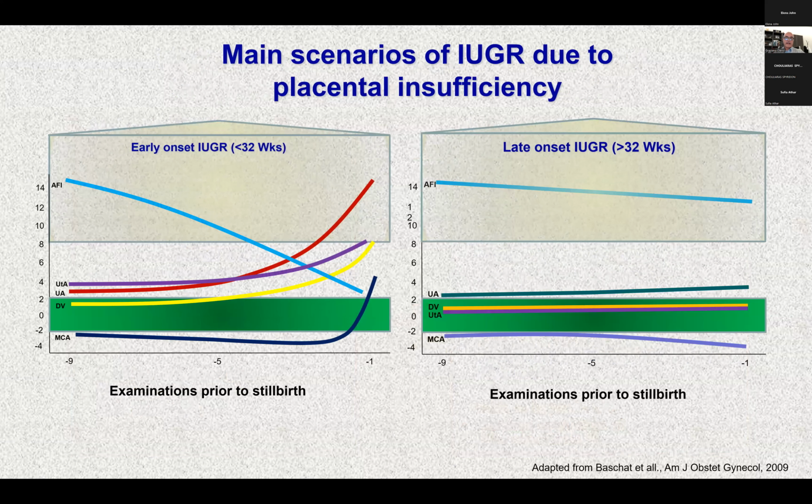So here are the differences in the hemodynamic changes and the time of the evolution of the changes in these two different IUGR. You can see here the early onset produced a very evident reduction in the amniotic fluid, generally not so evident in the late onset.